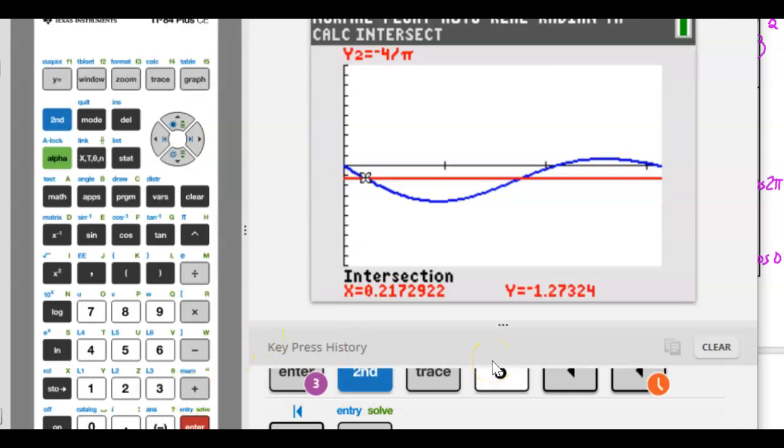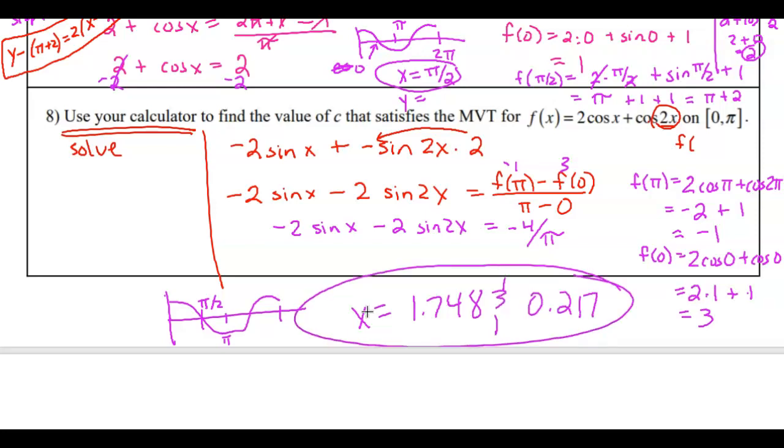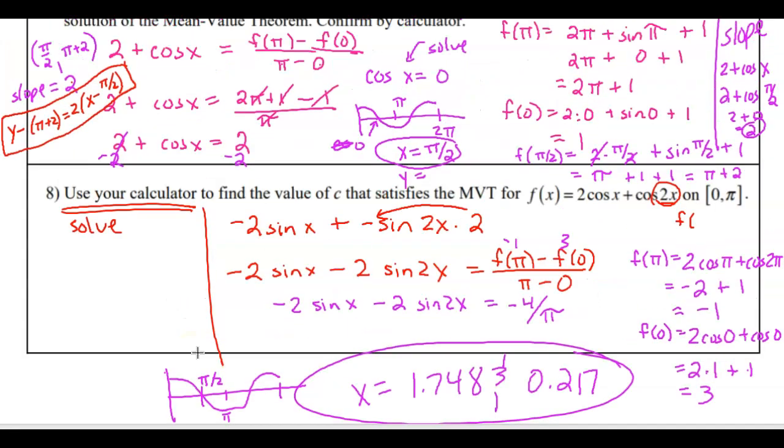So those are our answers. We found more than one answer, and that's okay. So we get x equals 1.748 and 0.217. You have to be able to solve on a graphing calculator, and that's one way to do it. And that's it. All right, so go ahead and give yours a try, and let me know if you have any questions.